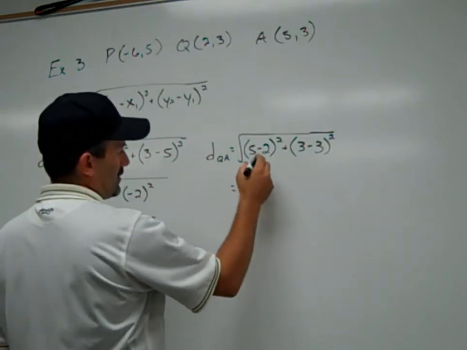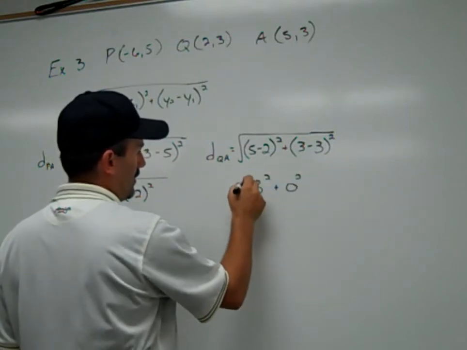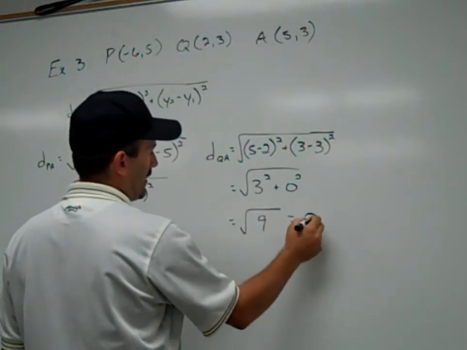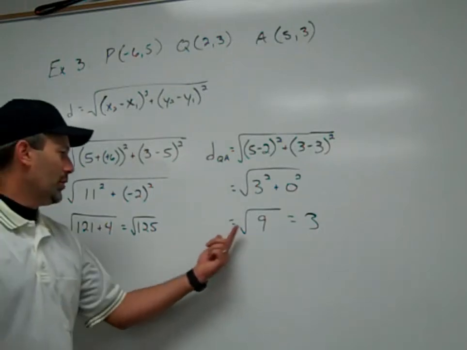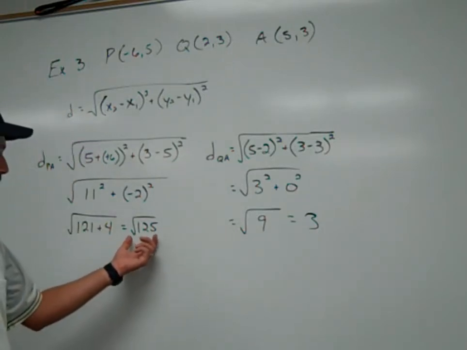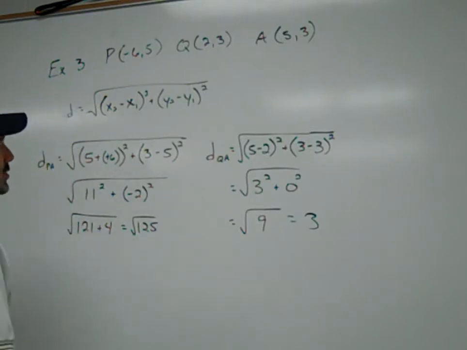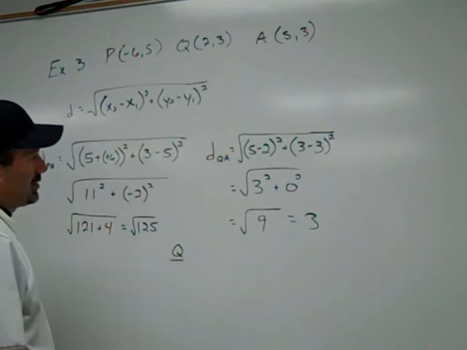So that equals 3 squared plus 0 squared, which equals the square root of 9, and that is 3. We really want to compare the radicals. The square root of 125 is clearly more than the square root of 9, and so which one is closer? Point Q is closer to point A.